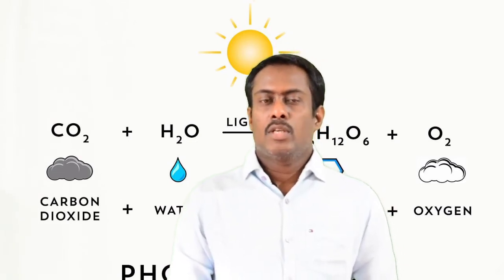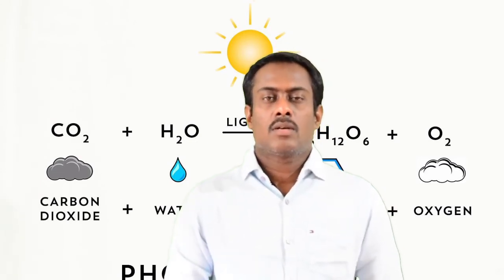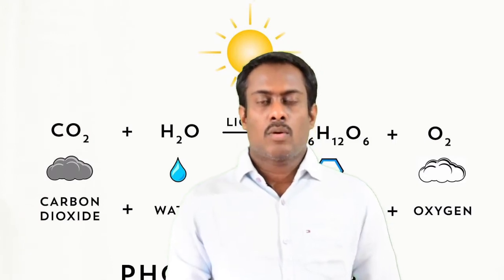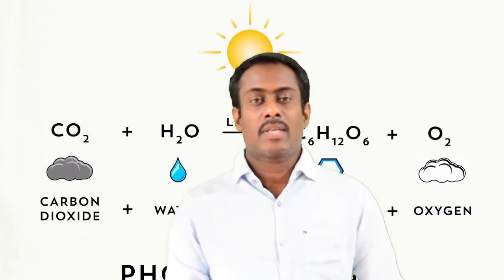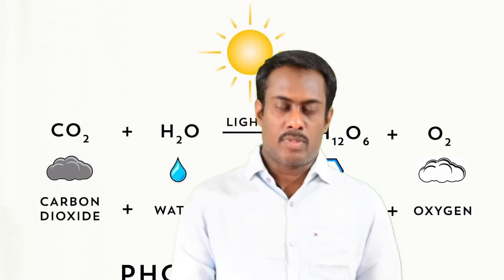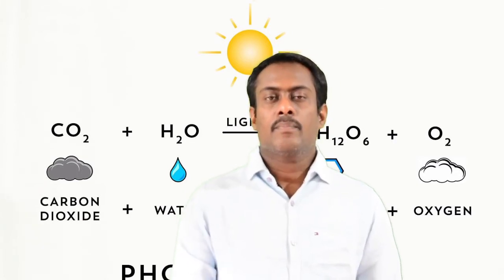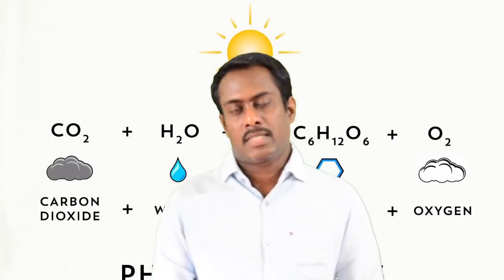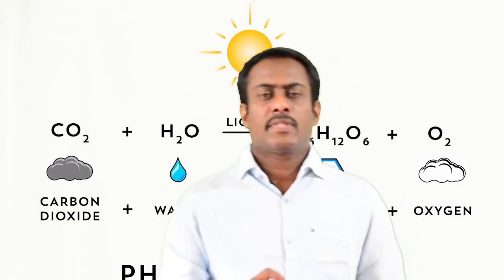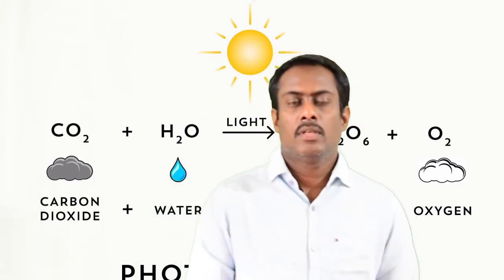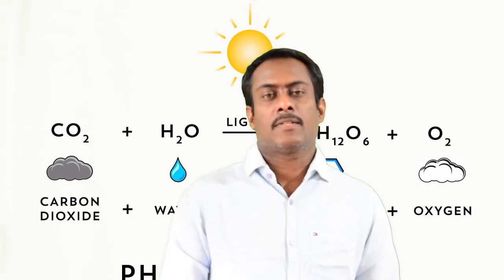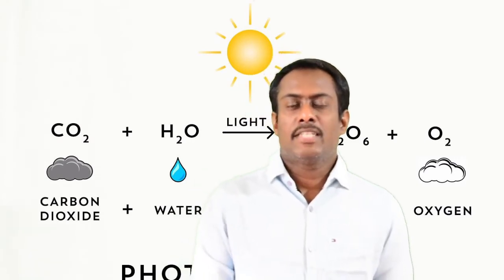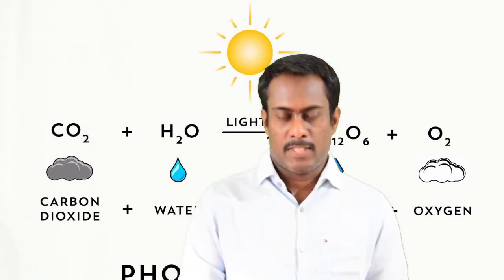To break down these complex molecules, the organisms use biocatalysts called enzymes. Then they can convert them into energy. Autotrophs can synthesize their own food from simple raw materials, and this process is known as photosynthesis.